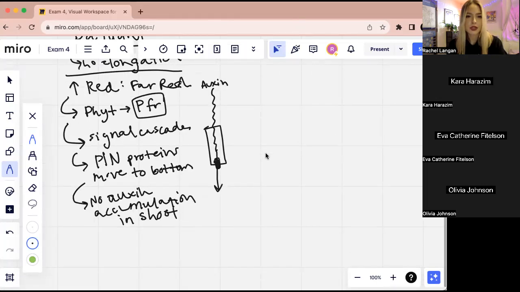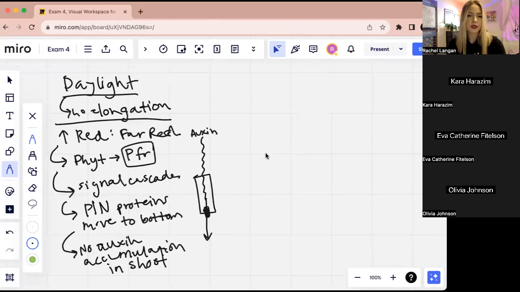And that's pretty much it. So if there's daylight around, we're not going to get any auxin accumulation in the shoot. And then you could end it by saying no elongation in the shoot.